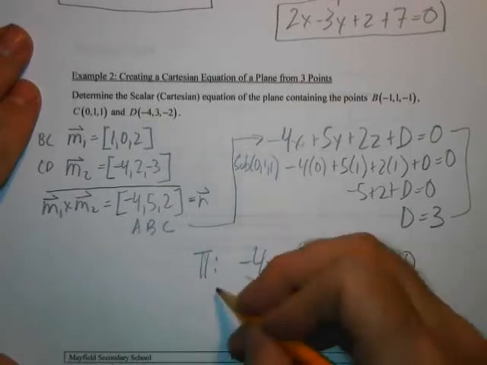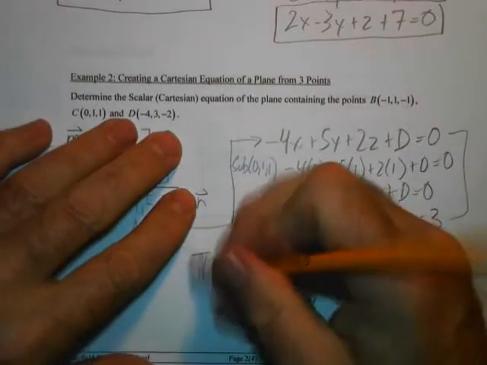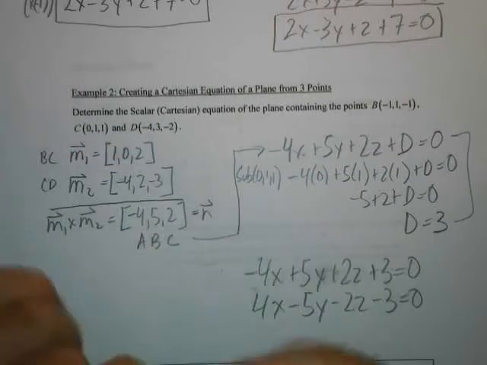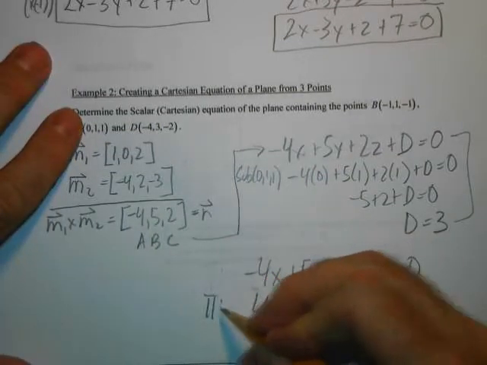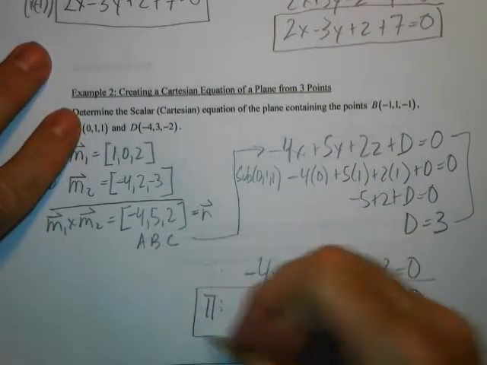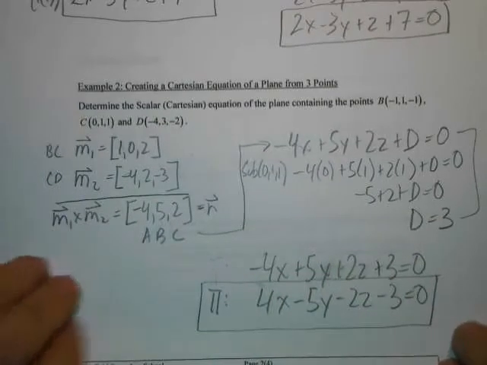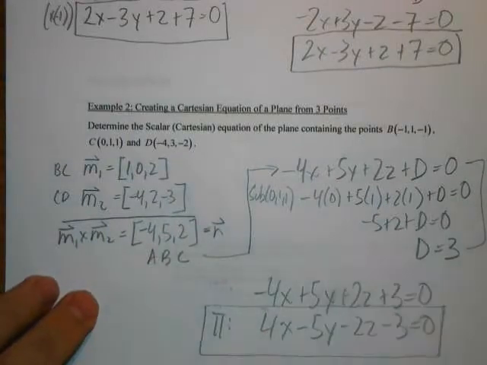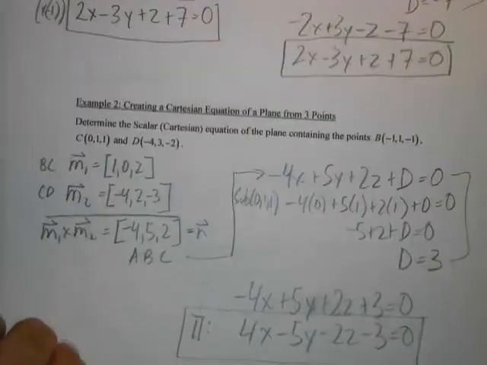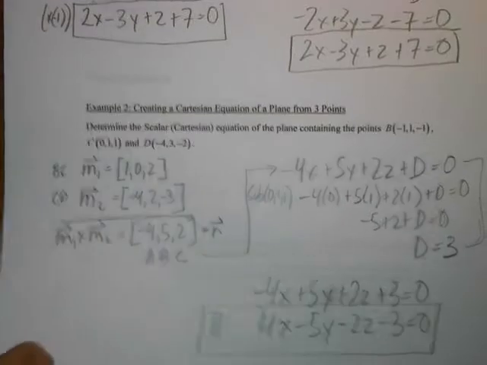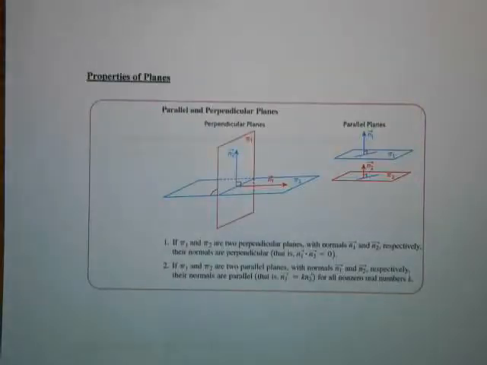Okay, and there's my pi down here. There's the equation of the plane that I was asked to find. Okay. So there's two different ways of creating the equation of the plane, but we use normals in both situations.